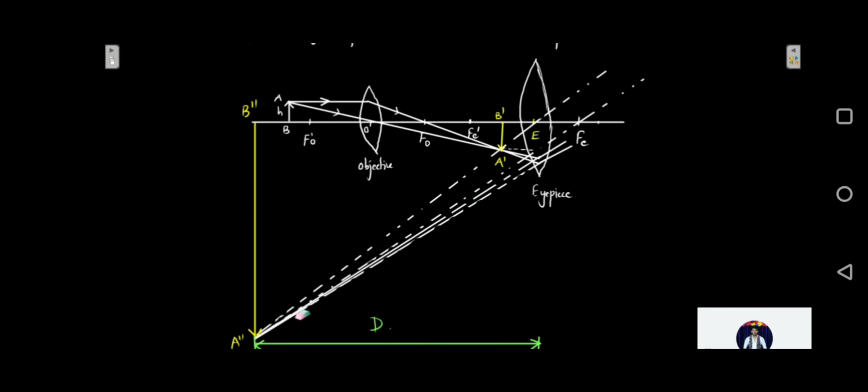Again these are going to be dotted, and these rays are going to go towards your eye. So you will be watching it from this side. This is your eye.